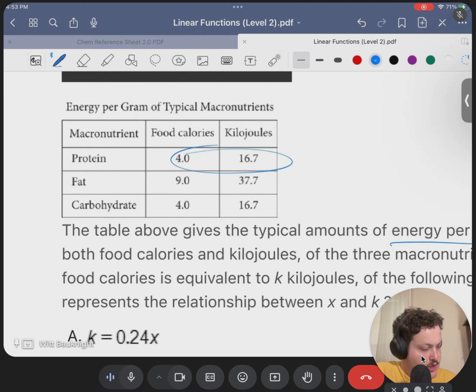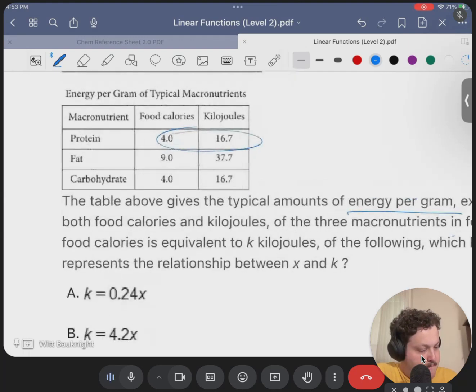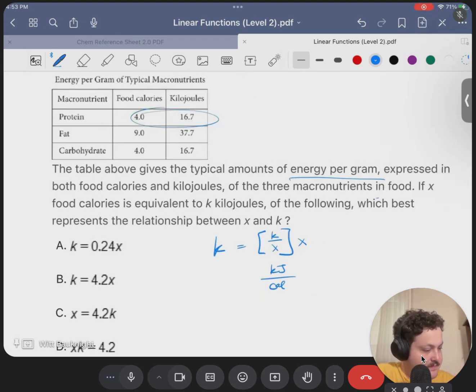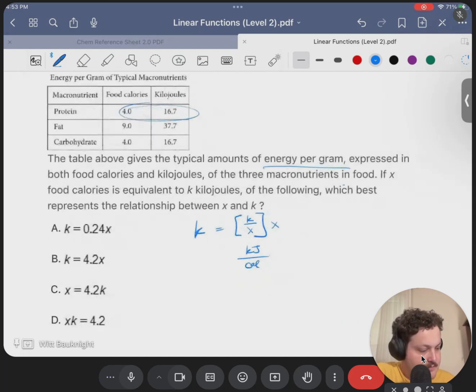The ratio, so K has to equal K per X times X. So that's the unit. So we're doing kilojoule per calorie. And I just know off the top of my head that it's 4.184.